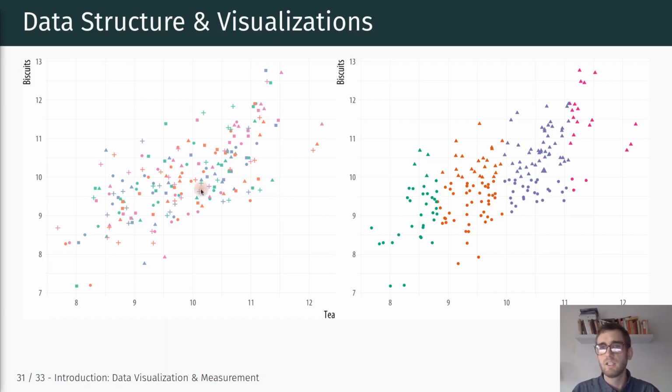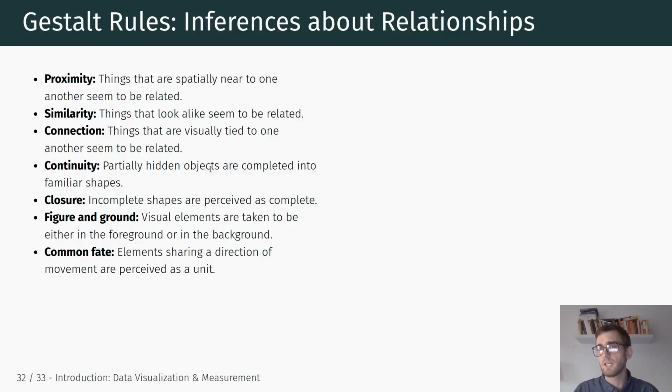But as soon as this structure is lost, as soon as there's not a lot of differentiation between these individual groups, the color scheme becomes essentially unreadable, right? And pretty useless, right? So it's not only about choosing the right color scheme, but also thinking about the right color scheme given the underlying structure of the data.